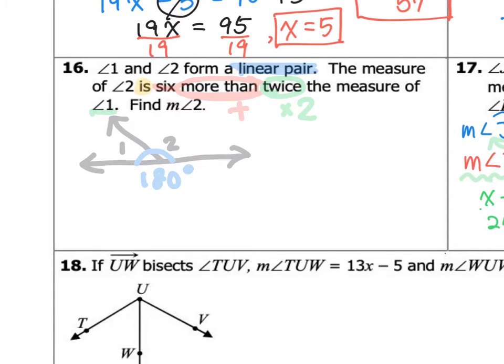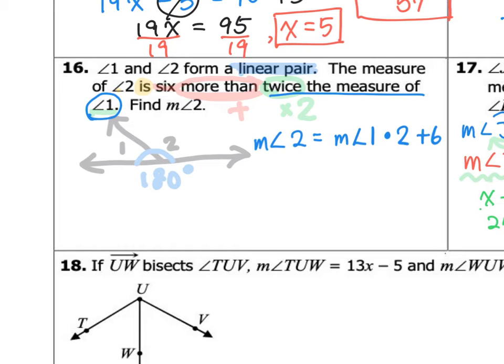Equal, right? Right here, angle 2 is. So the measure of angle 2 equals twice the measure of angle 1. We start from the back: twice the measure of angle 1 means the measure of angle 1 times 2, and 6 more means we need to add 6.